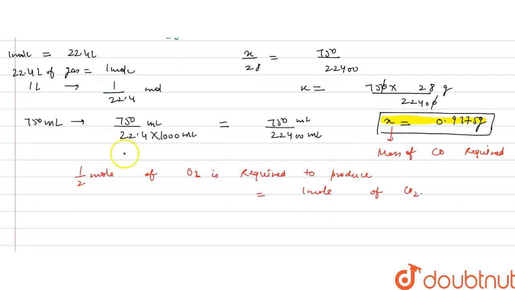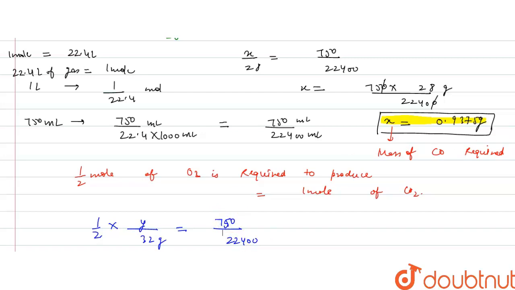Now the number of moles of oxygen, if we say the weight of oxygen is Y, will be equal to half into mole of oxygen. So moles will be equal to given weight upon molecular weight. Let us suppose the given weight of oxygen is Y and the molecular weight of oxygen is 16 plus 16, that is 32 grams, equal to, similarly putting the moles in terms of volume, 750 divided by 22400.